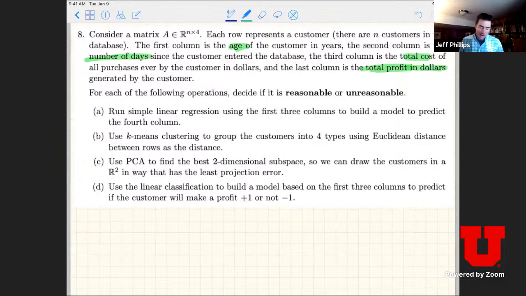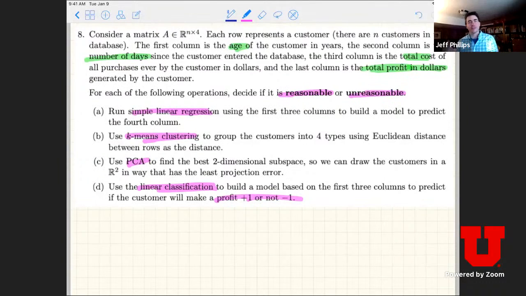I'm going to ask, are each of these reasonable or unreasonable? Simple linear regression, k-means clustering, PCA, or linear classification, to try and predict if there's a profit or not.